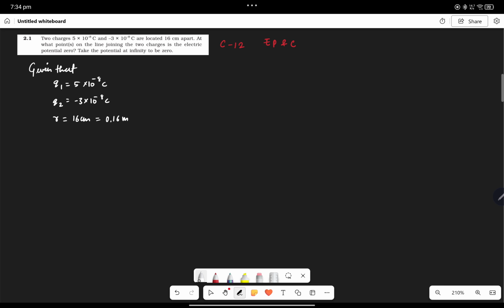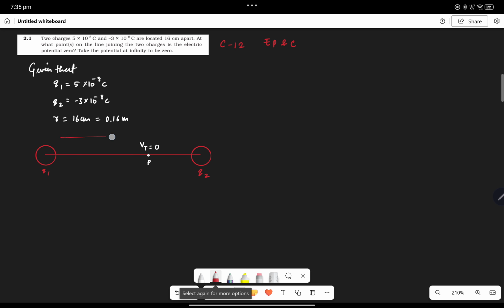After that, let's draw a diagram to understand this more clearly. Using a different color, I am making this q1, and from here to here, that is q2. And let's say this is the point P where the total potential is going to be 0.